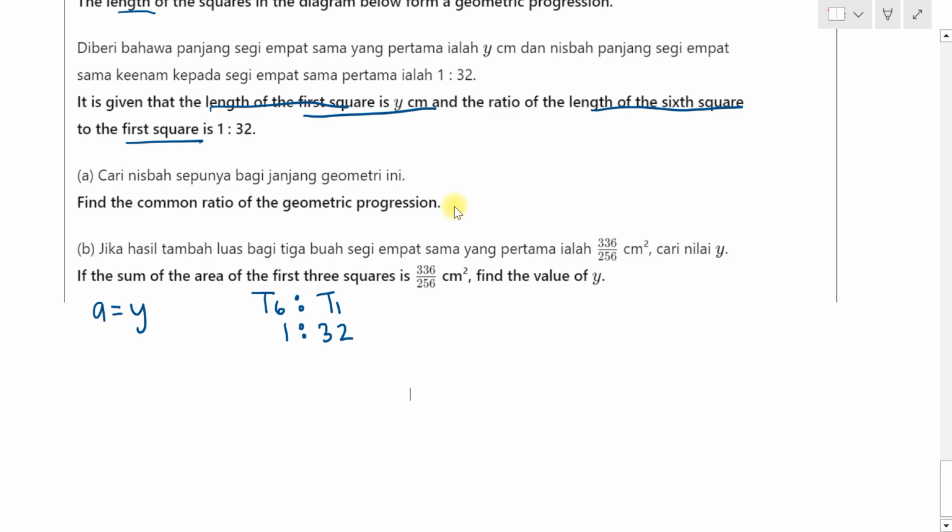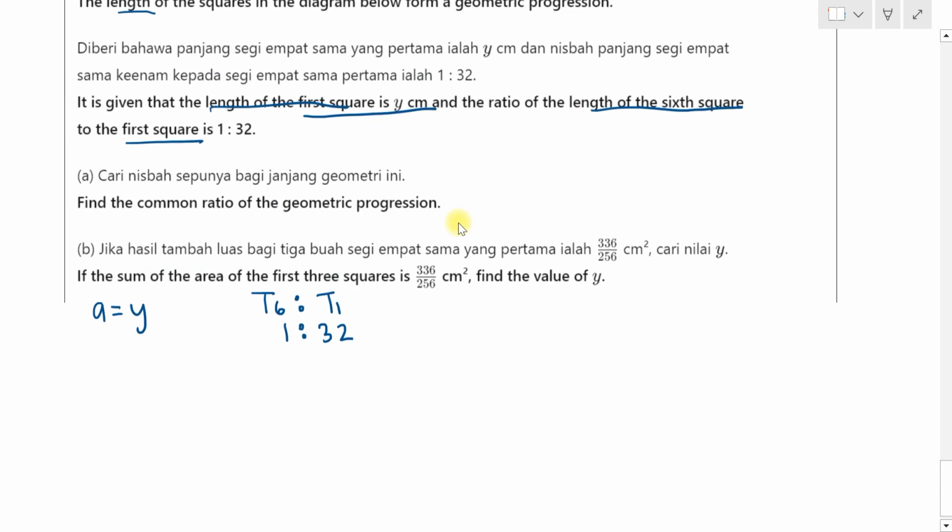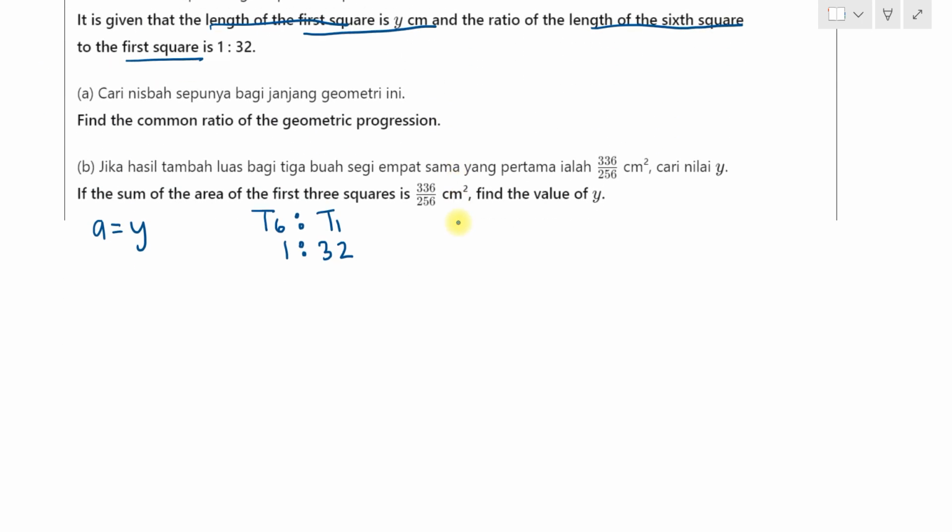So T6 should be smaller, yes, the squares do become smaller. Let's try. This is the ratio given, and the first term is y. What is our box?